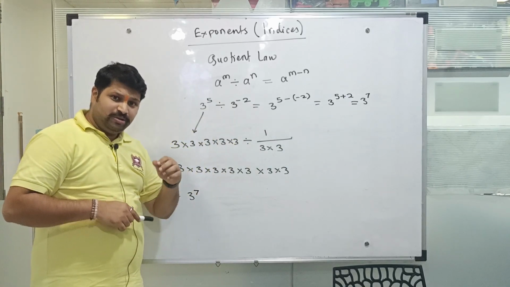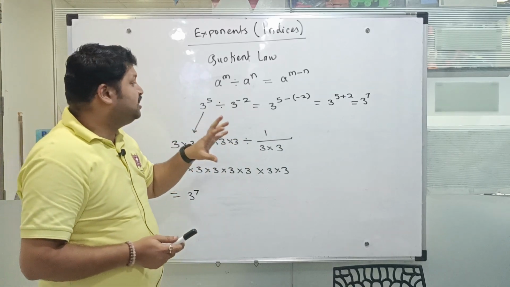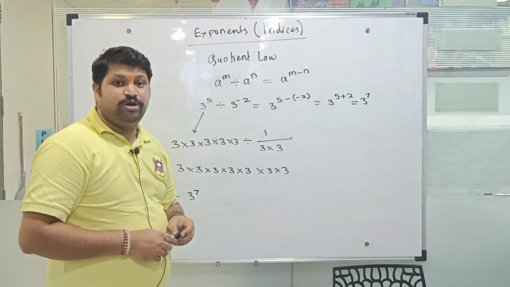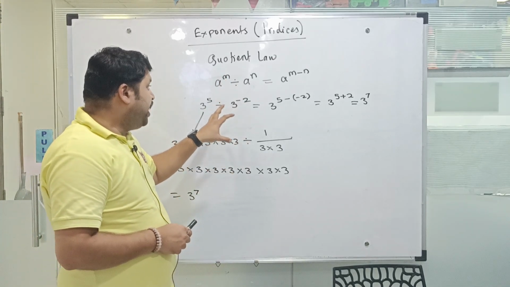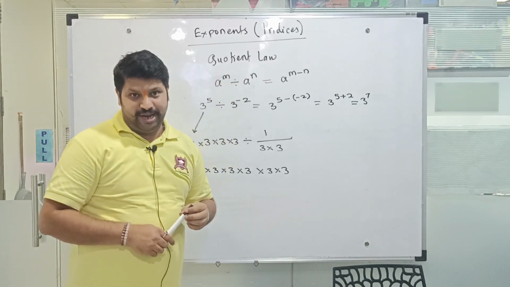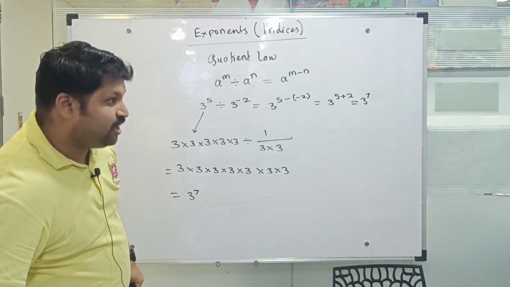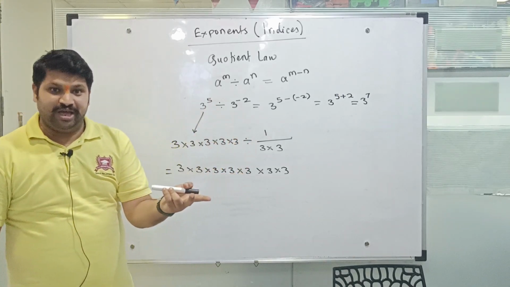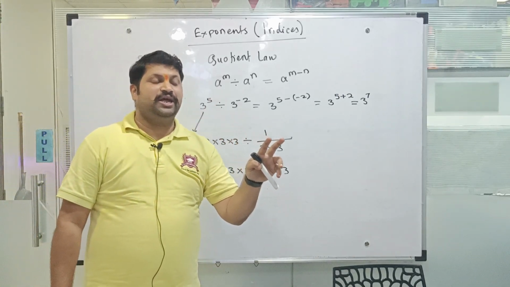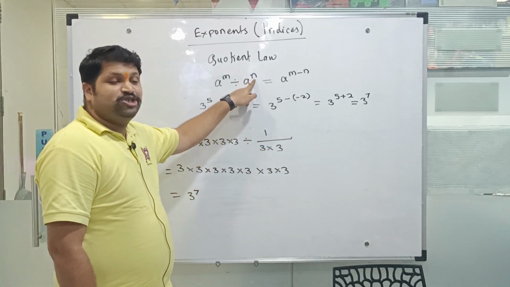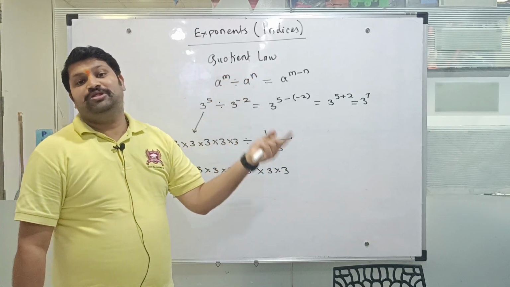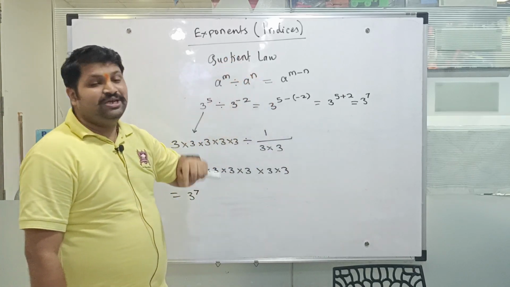Okay. Now let's go ahead one more step and let us check out indices when both the indices are negative. Yes. Now there are two scenarios that we can get. Both the indices are negative and m is smaller than n, and both the indices are negative and n is greater than m.